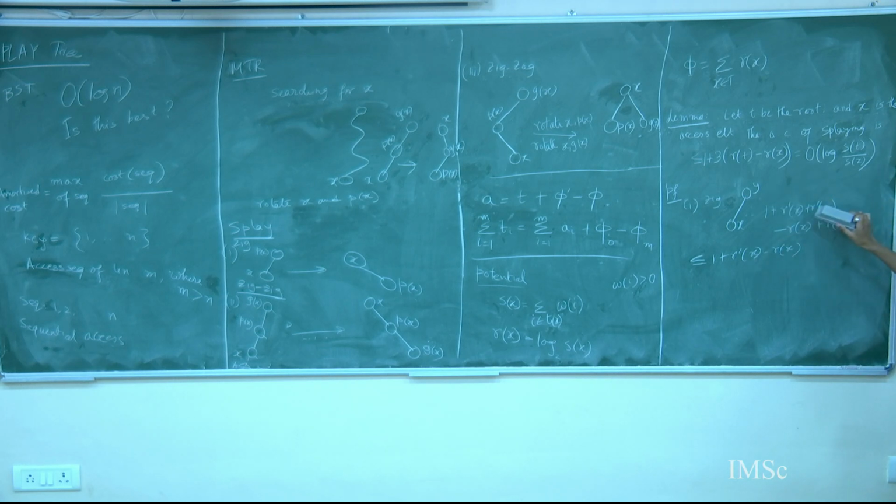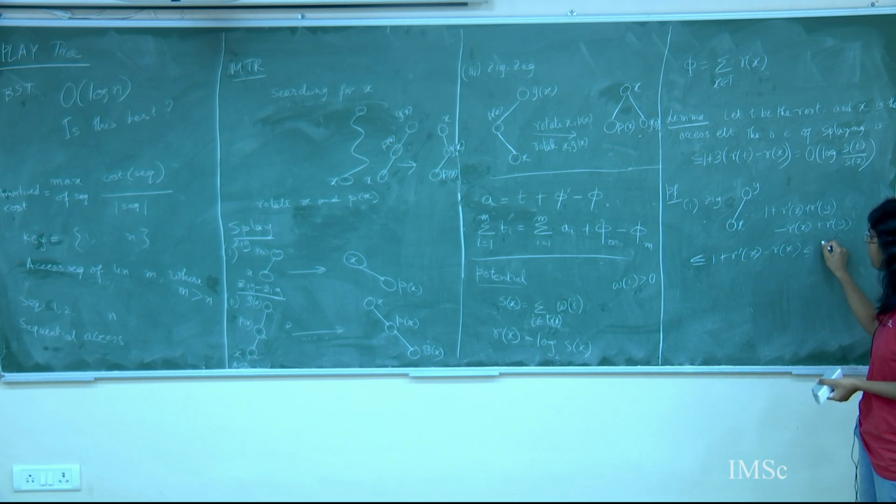In r prime, y will come down and x will go up. So the rank of y should decrease, right? So then if I remove this 1, I can write that this is less than or equal to this. So this is at most that.